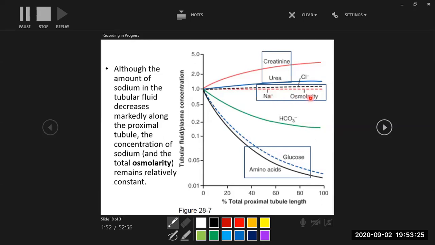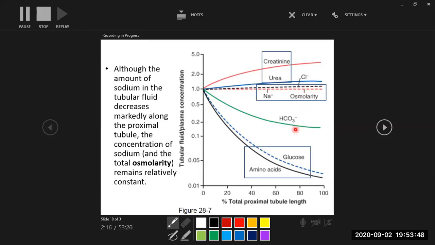Sodium and water got reabsorbed in the same percentage. So their dropping is equivalent in the tubule. By the end of the tubule, 2/3 of the sodium and the water are equivalently reabsorbed. So the concentration is not changed much.